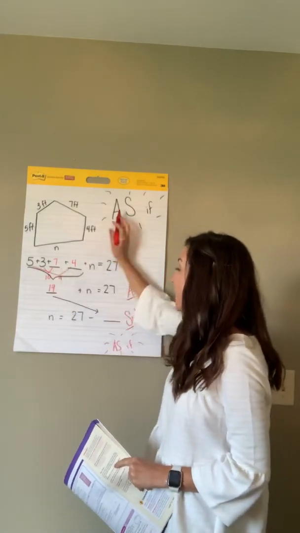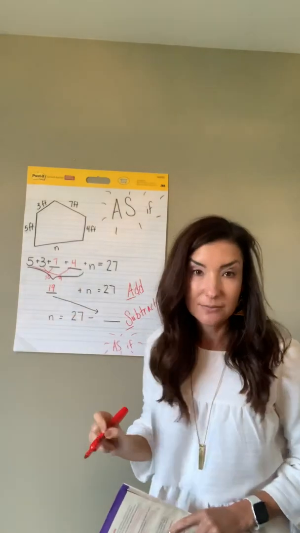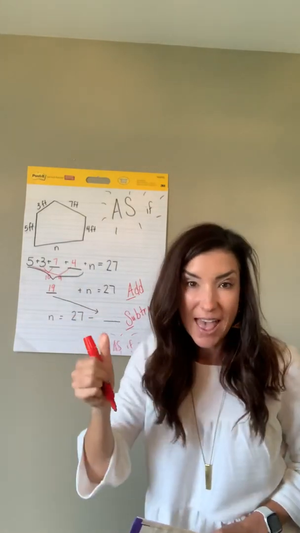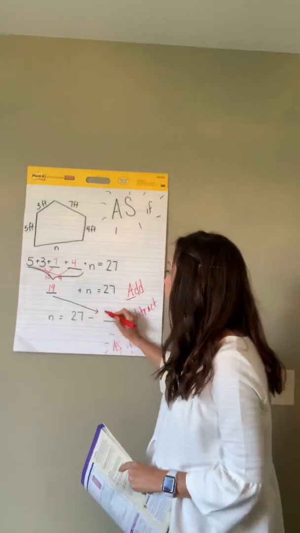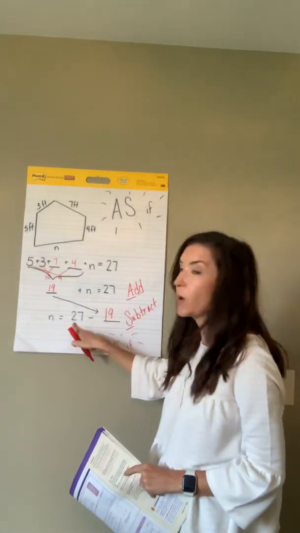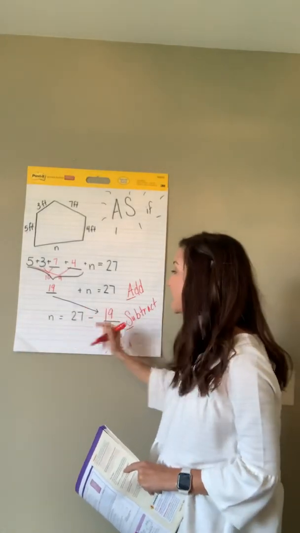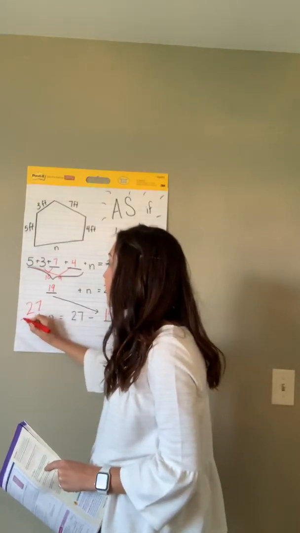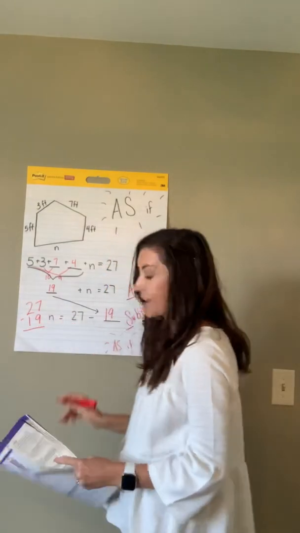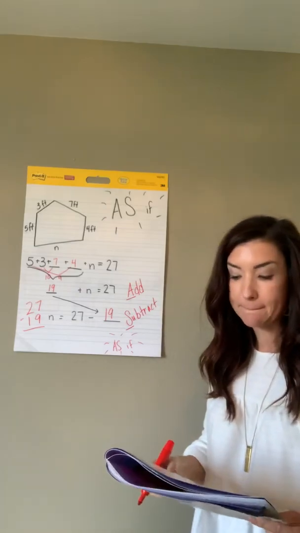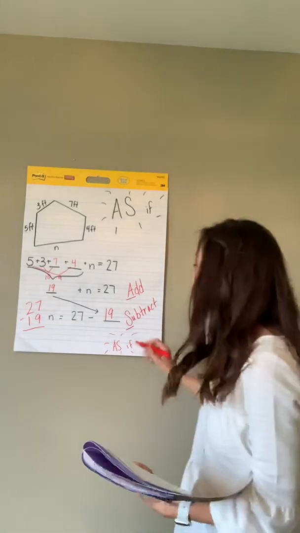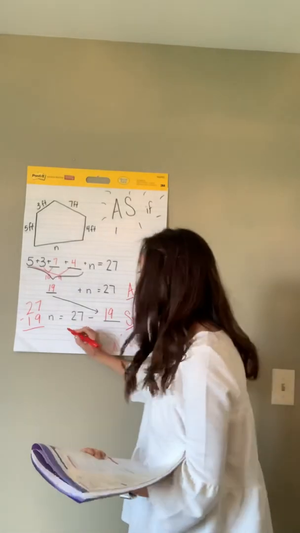So we've added. What are we going to do now? As if, add, now we subtract. We are subtracting 27 minus 19. What is 27 minus 19? It is 8.